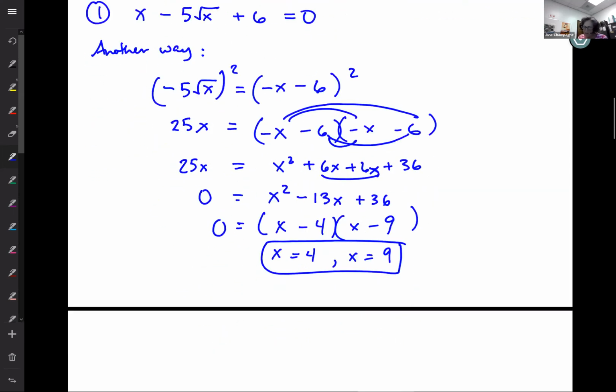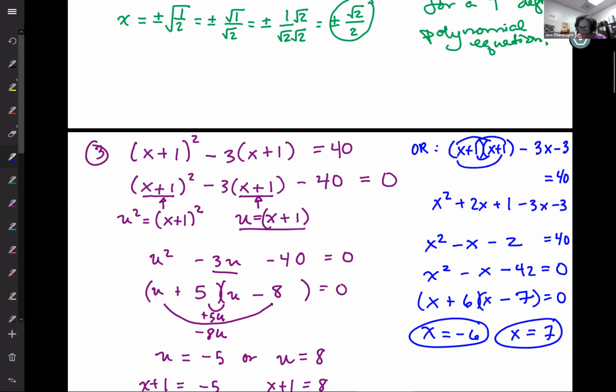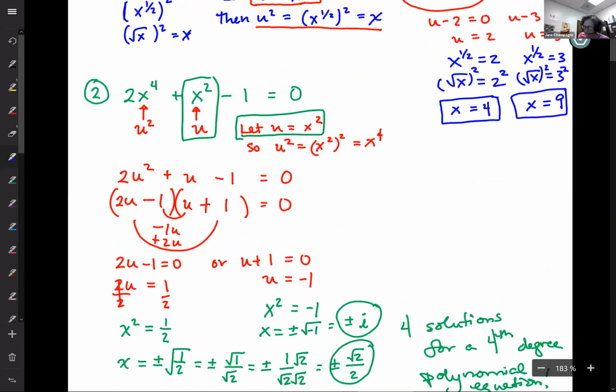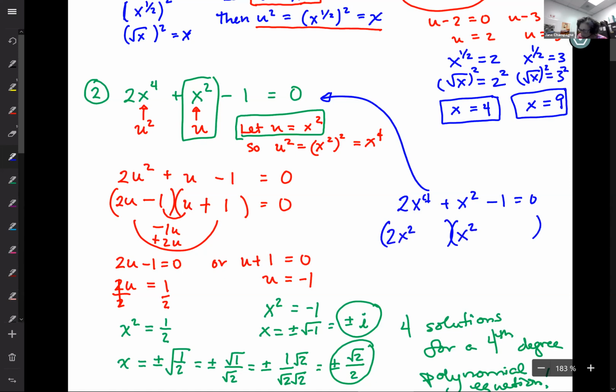Number 2, the only thing that I maybe would do differently with number 2 is just realize that you could factor it in terms of x squared. You could factor this as 2x squared and x squared, and your plus 1 and minus 1, which one goes where? This one's plus.